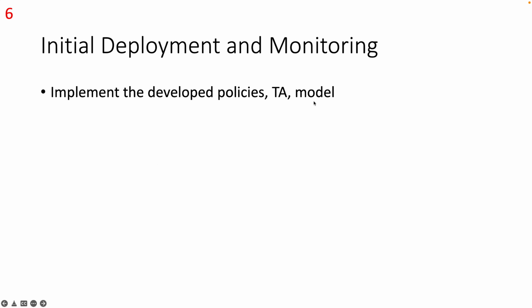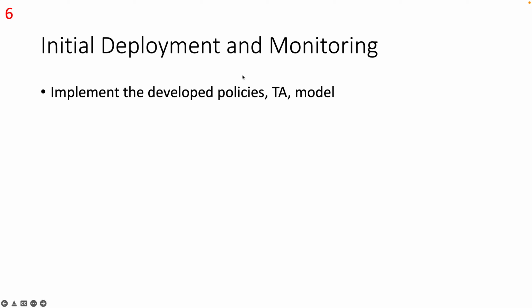Then, once the candidate workflow and the zero trust architecture components are chosen, the initial deployment can start. Like we just said, it's better if we implement the developed policy, trust algorithm, and model by using the selected components, but only operate in an observation and monitoring mode at first.